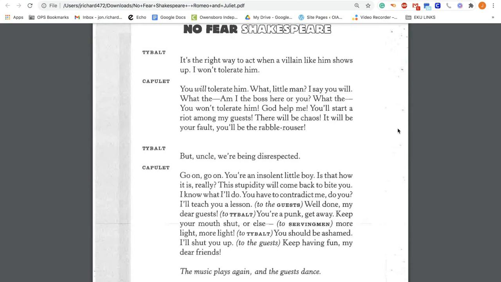Go on. You're an insult, little boy. This stupidity will come back to bite you. I know what I'll do. You have to contradict me, do you? I'll teach you a lesson. Well done, my dear guest. Keep your mouth shut, or else. More light! Tybalt, you should be ashamed. I'll shut you up. Keep having fun, my dear guest.